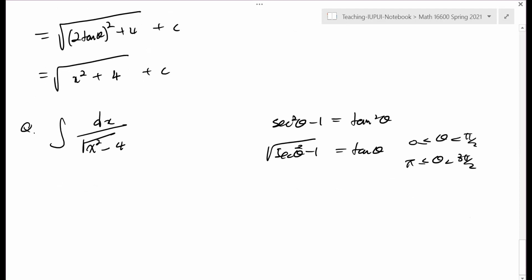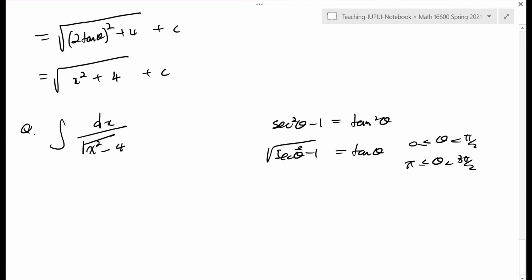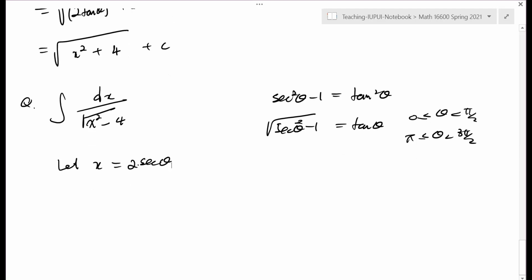So now we can use a substitution. Let x be, instead of secant theta, 2 secant theta. That's very natural, right?